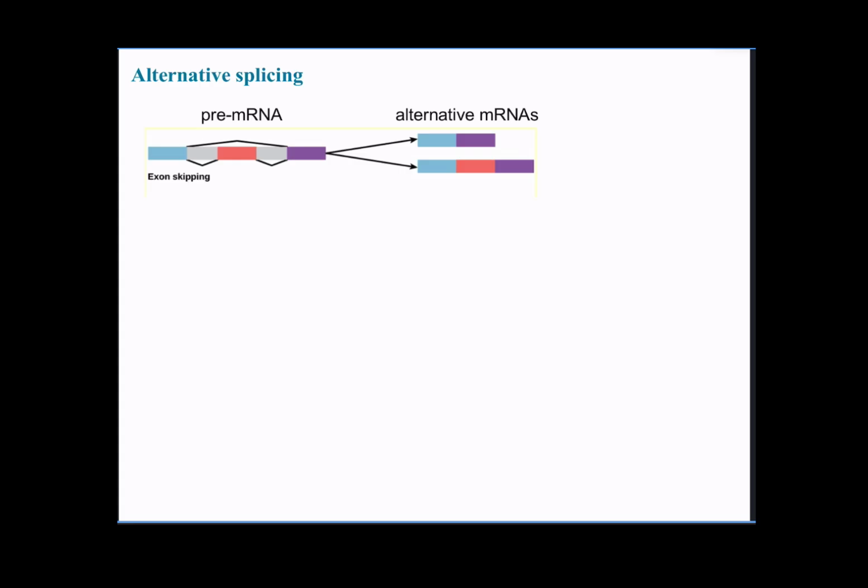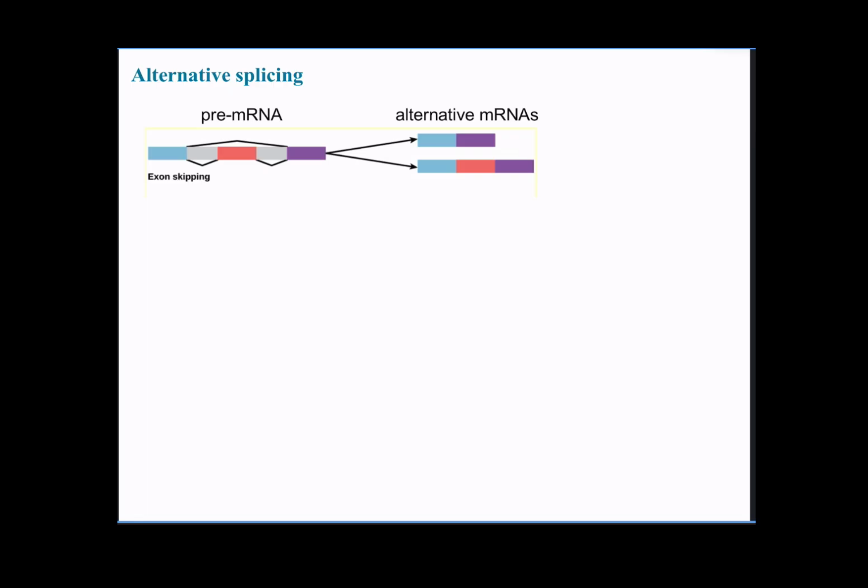Most, not all, most eukaryotic RNAs for protein coding genes are expressed as pre-mRNAs that include sequences that will be present in the mature mRNA that is eventually translated, and then some sequences that need to be taken out, and that's the process of splicing.